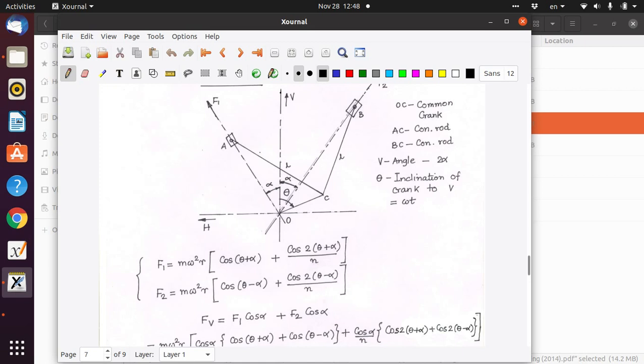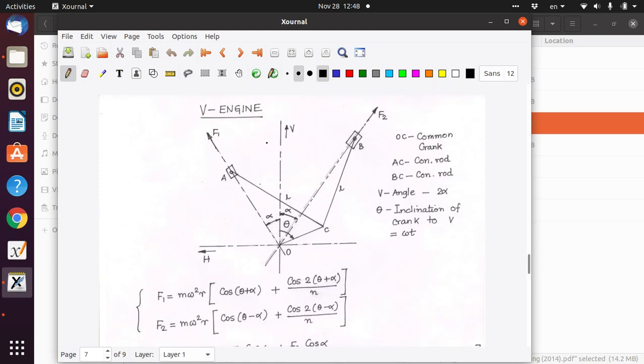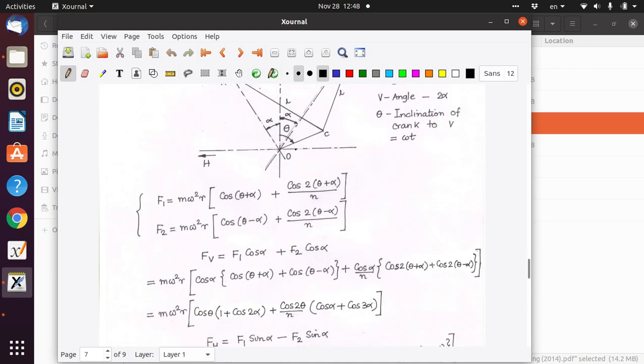Now if you take the component along the vertical and the horizontal, so horizontal we have taken in this direction, then Fv is equal to F1 cos alpha plus F2 cos alpha. So cos(theta plus alpha) cos alpha plus cos(theta minus alpha) cos alpha, plus the secondary terms with cos 2(theta plus alpha) cos alpha by n and so on.